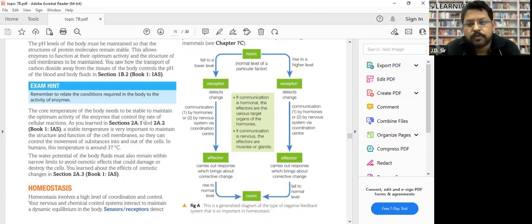Albumin protein, please note it down. This point: albumin protein found in our blood in a dissolved state.